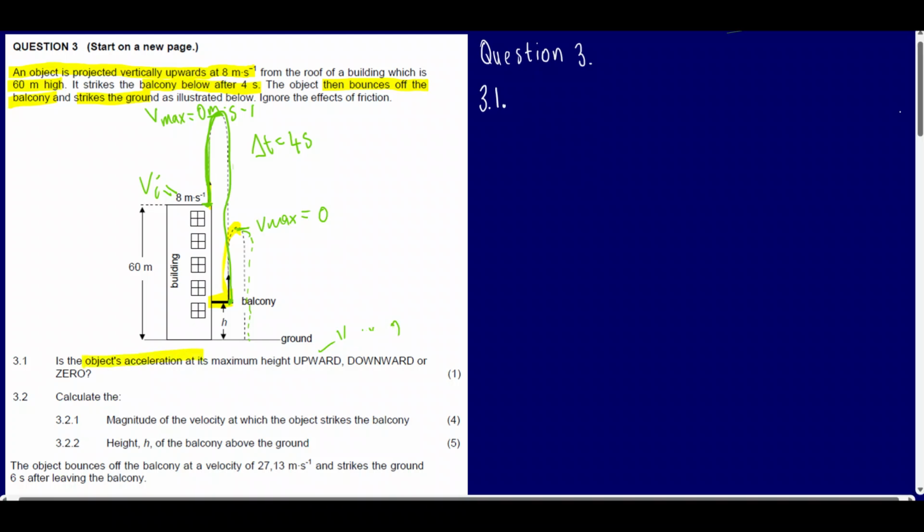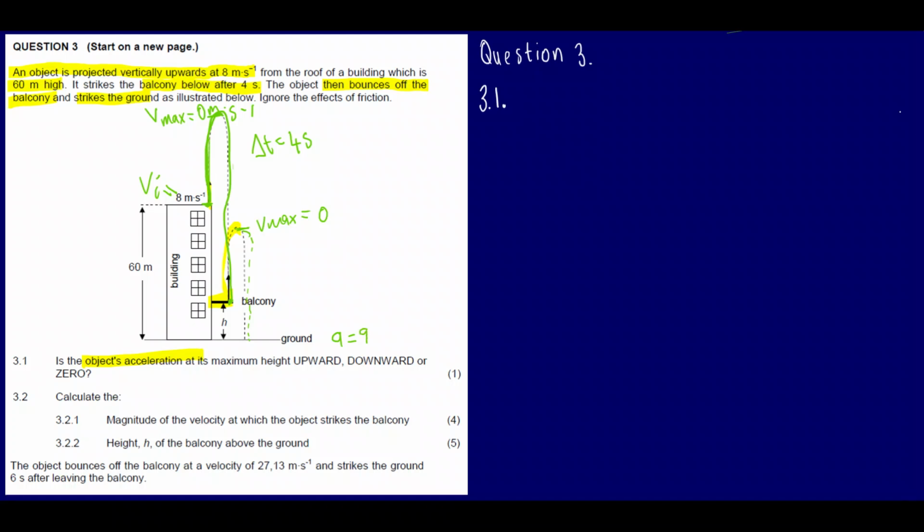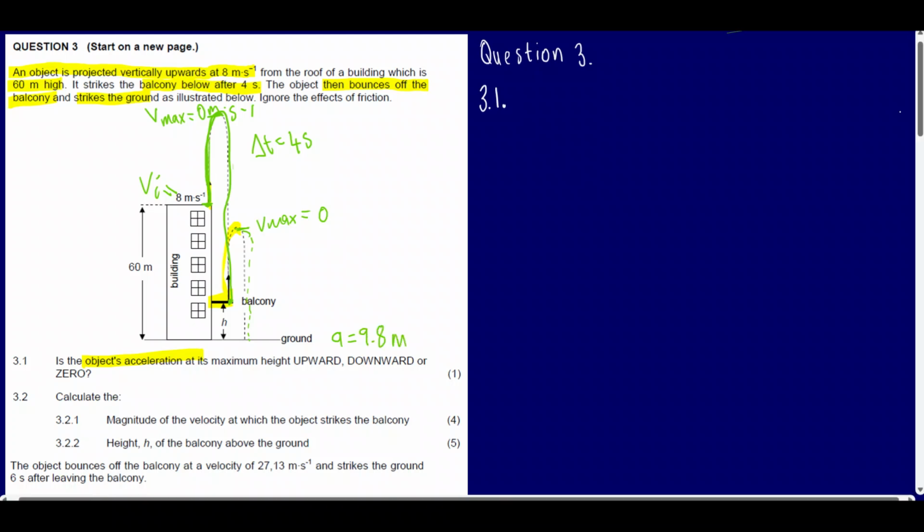Because they're asking for the acceleration, we have to pay attention to this. We know that at the maximum height, the acceleration is always 9.8 meters per second squared, and the direction is downwards.